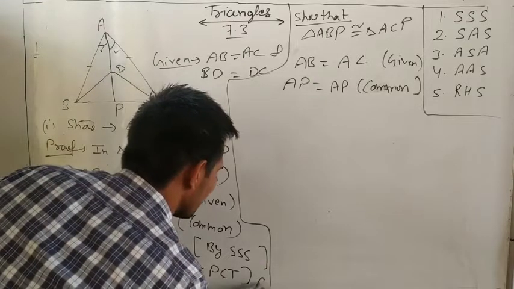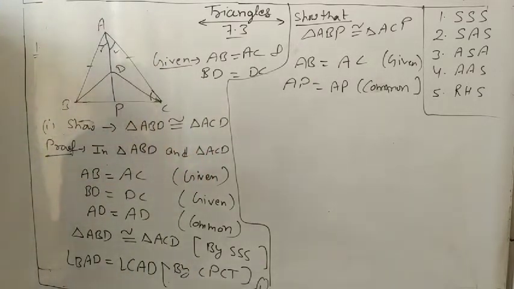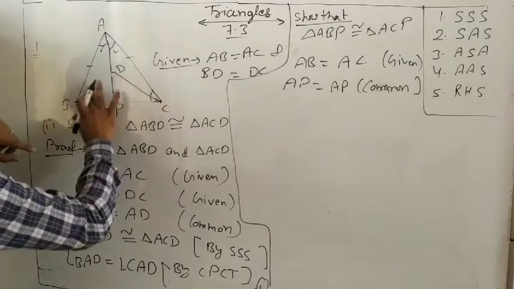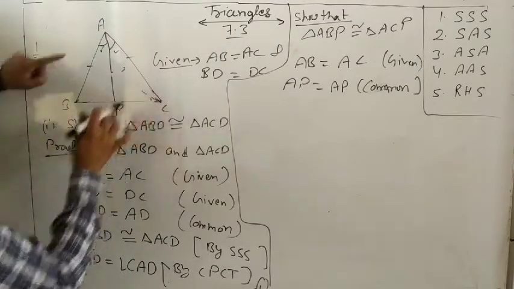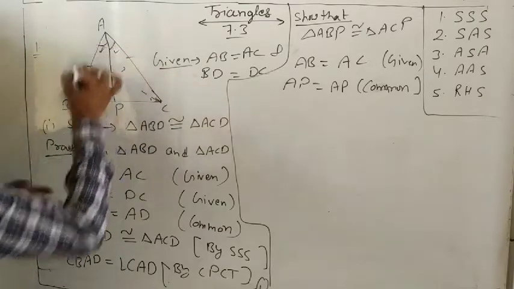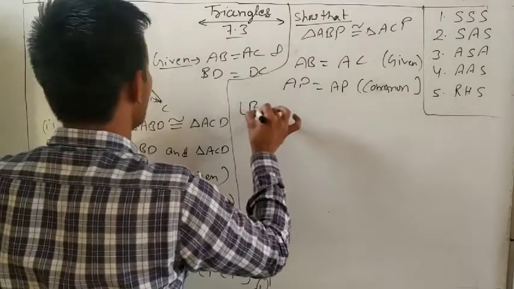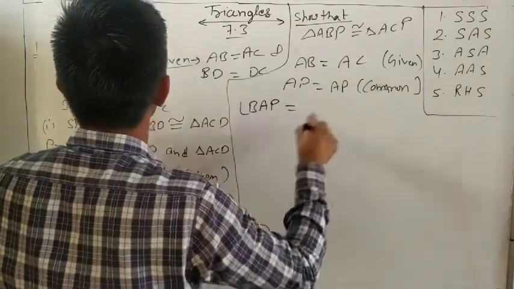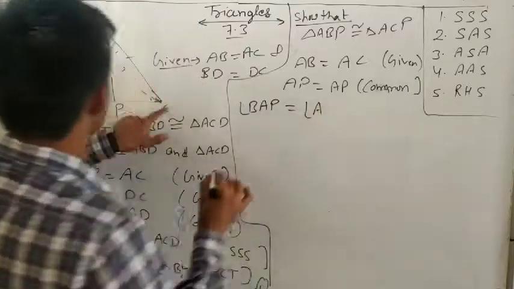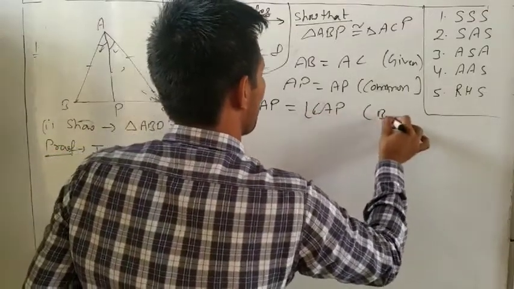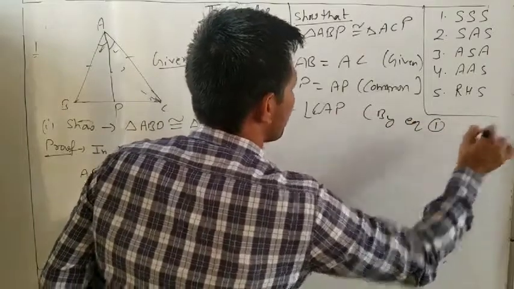So you can name this equation 1. This angle equal to this one, we already proved by the first part, by CPCT. So you can write angle BAP equal to angle CAP. Angle we always write in the middle, by equation 1.